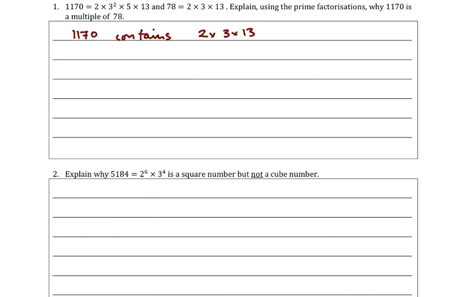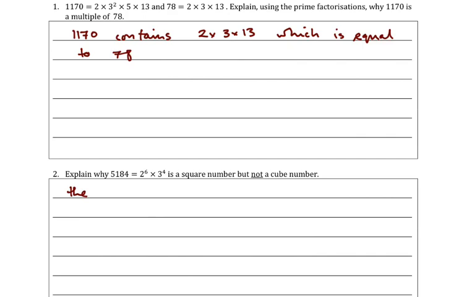So you can see that 1170 contains that product 2 times 3 times 13. And since it contains 2 times 3 times 13, which is equal to 78, then it must be a multiple of 78. So why is it a multiple? Because it contains 2 times 3 times 13, which is equal to 78.